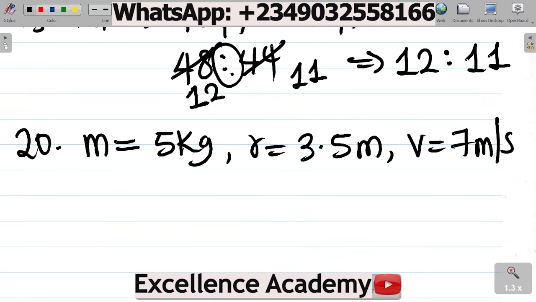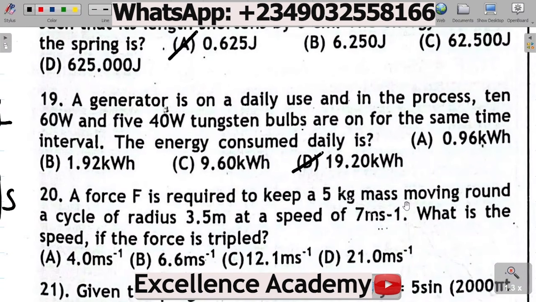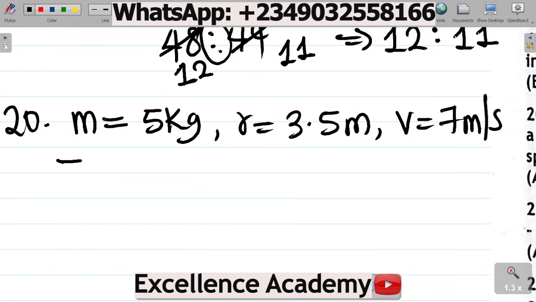Now, observe they said moving around a circle. So if it's moving around a circle, that means the force F will be equal to the centripetal force, which is given as mv squared all over r. Before we triple the force, let's get the initial force.